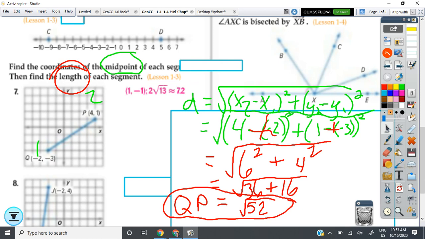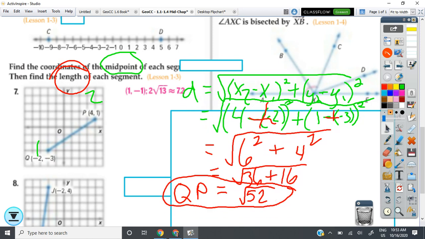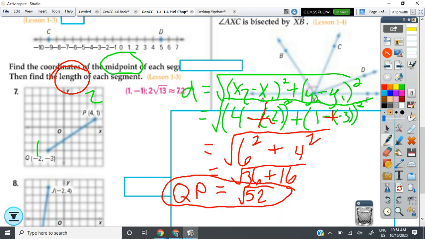Wow, that doesn't look like our answer. You haven't been taught this. You didn't get in algebra probably far enough to simplify radicals. There is a way to do that, but this is the answer I'm looking for. Square root of 52. If you want to put it on a calculator and get the decimal and round it, notice the approximately equal sign.